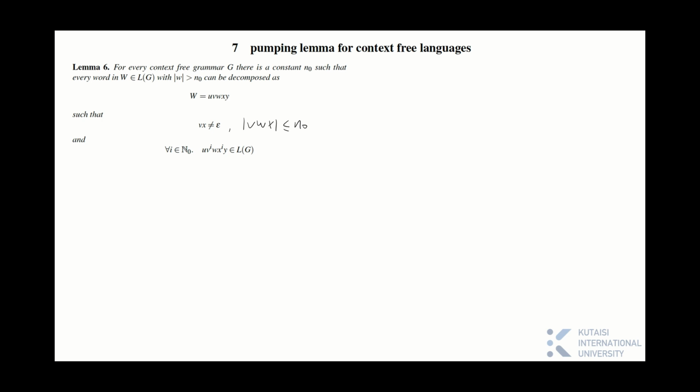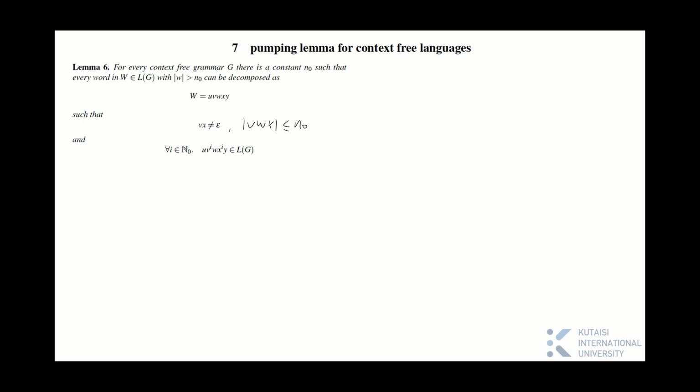So for every context-free grammar G, there is a constant number n0 such that, it starts the same way as for regulars, except I use context-free grammar instead of regular language.